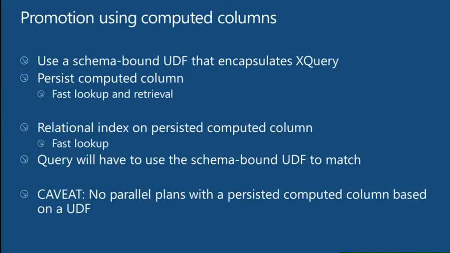I mentioned property promotion. So you can do property promotion to promote something out of the XML document and put it into a relational column. And then, for example, you can define a relational index on that to get fast lookup on it.